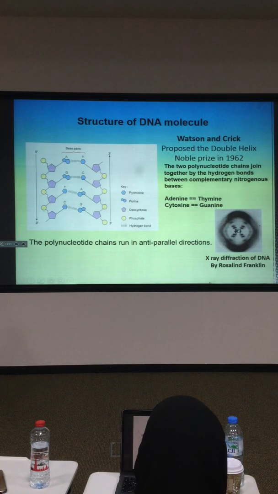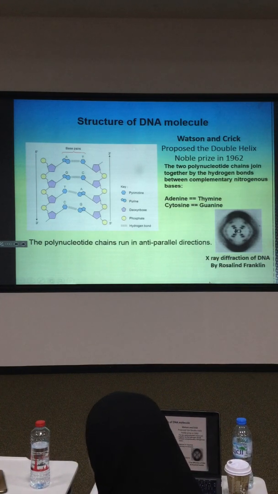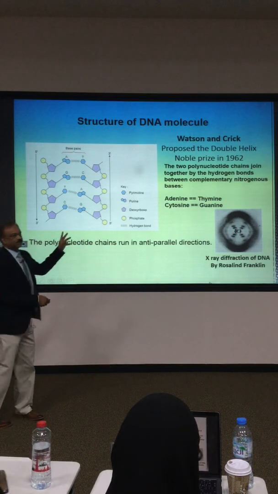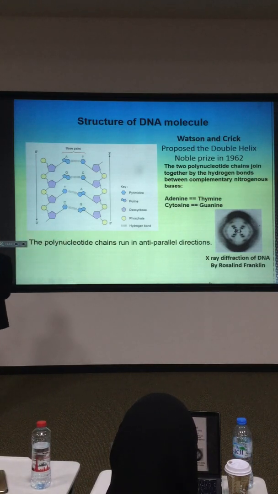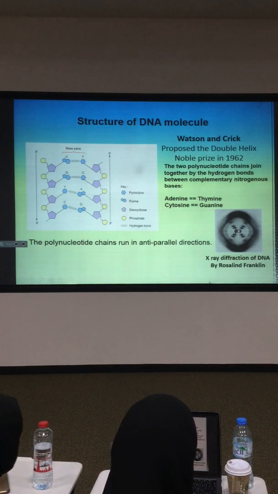It's like stealing, right? And unfortunately, that lady died in 1958, and the Nobel Prize was announced in 1962. So she did not get the Nobel Prize, although all the discovery is based on only one X-ray film.